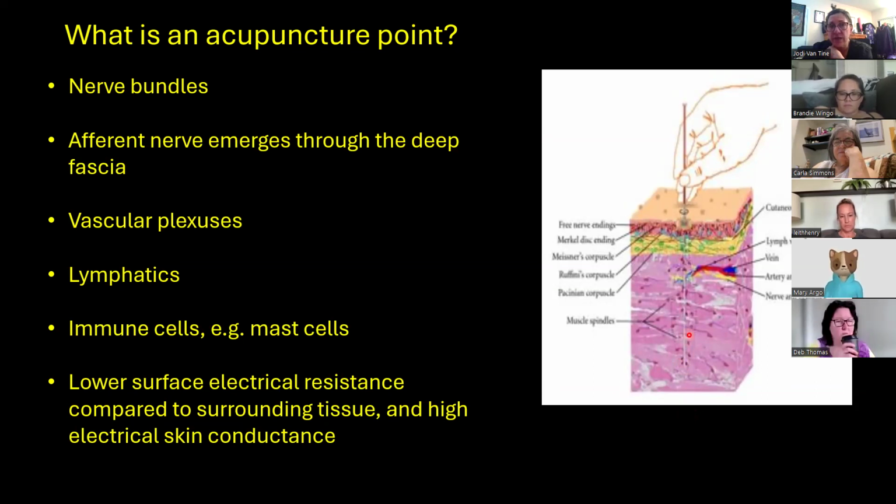So there's a little nerve that comes in here up from the deep tissue. I'll talk a little bit more about fascia in a moment. There are blood vessels, lymphatics, immune cells, mast cells, and the surface of the acupuncture point is a little bit thinner and has a lower electrical resistance.